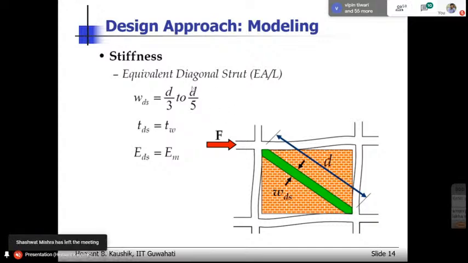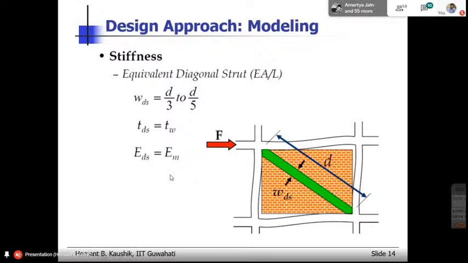Now d is not the depth of the strut, but d is the diagonal length of the strut. So this is d divided by 3 to 5. That is WDS. And what is the modulus of elasticity of the diagonal strut? It is the modulus of elasticity of the masonry. So that is how we define the material, and we define the cross-sectional area.